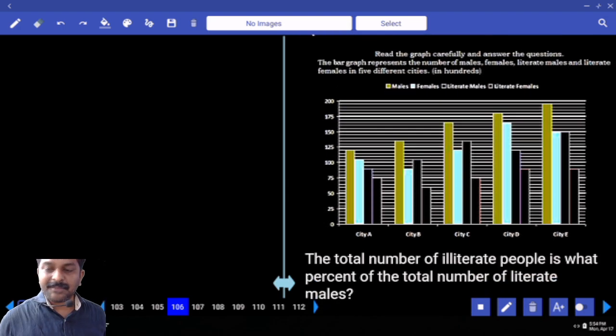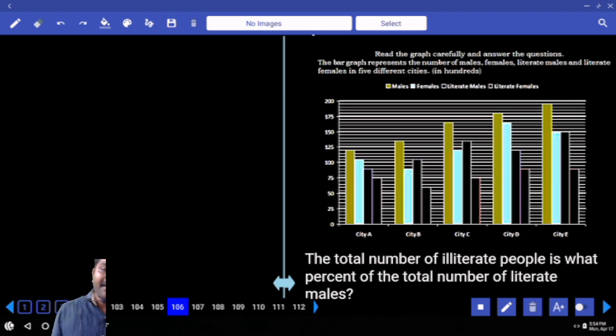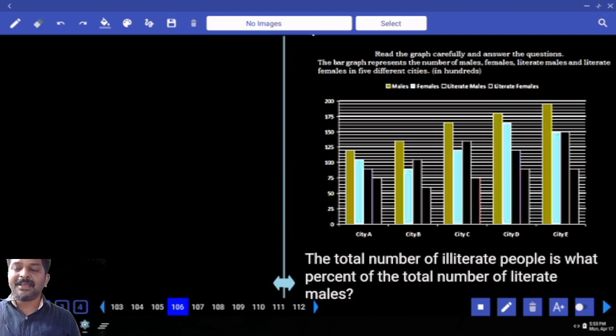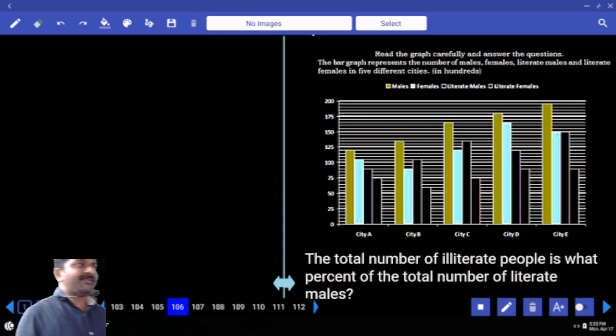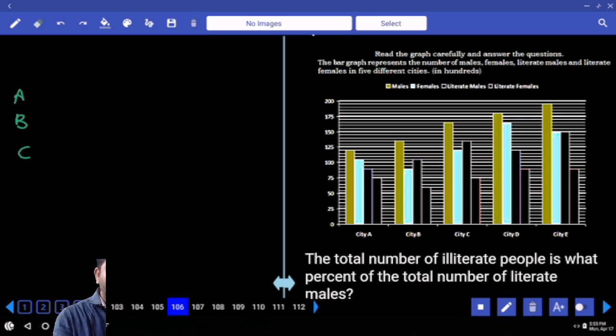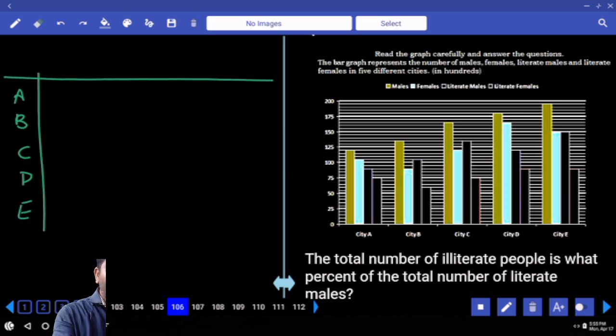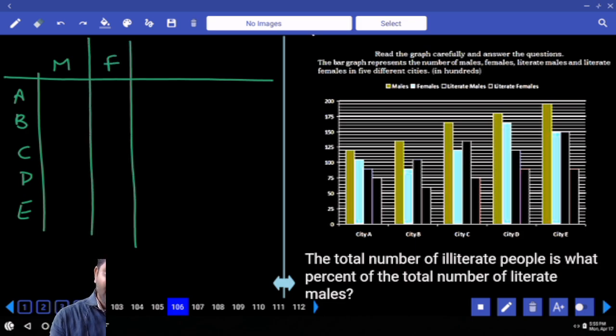The table and bar graph represent the number of male, female, literate male and literate female in 5 different cities. See, when you have total male and then literate male data, what can you generate? The same, vice versa, for female also we can calculate. So cities A, B, C, D, E. We are going to have total male, total female, literate male, literate female.